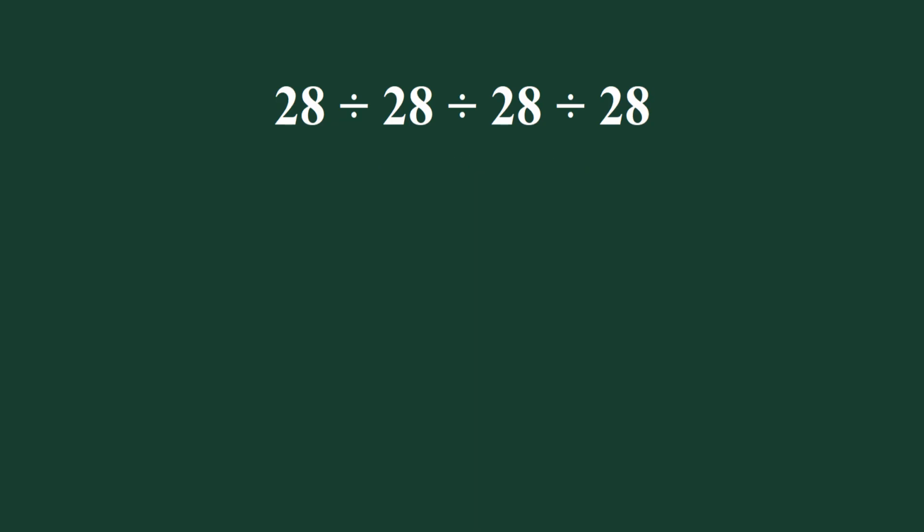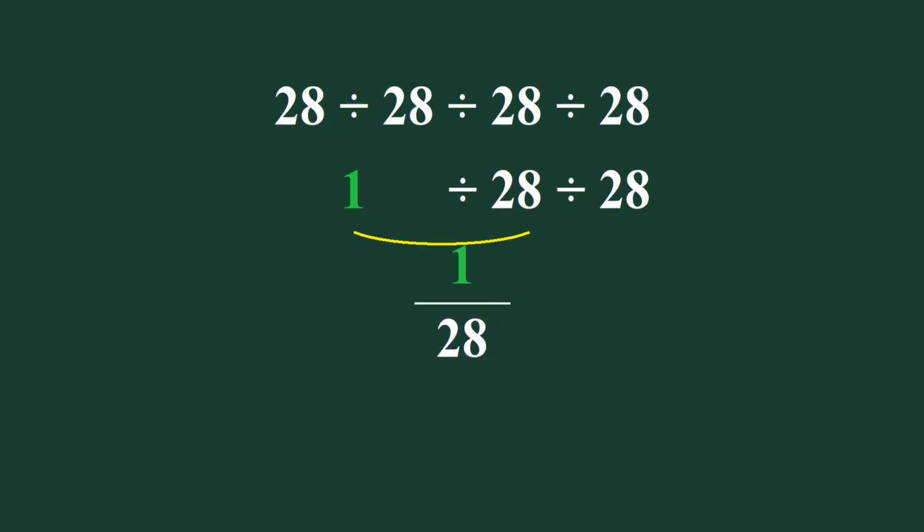So we have first this division, 28 divided by 28 equals 1. So we have 1 divided by 28 divided by 28, and we can write this part as 1 over 28 divided by 28.